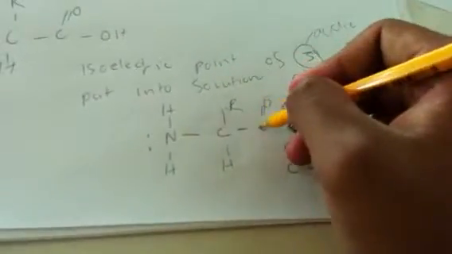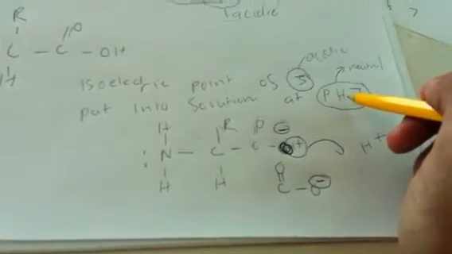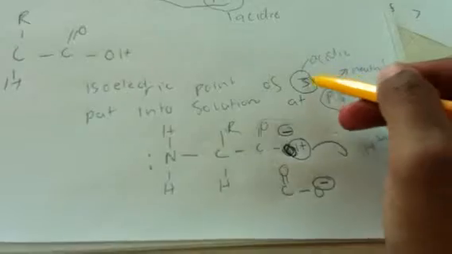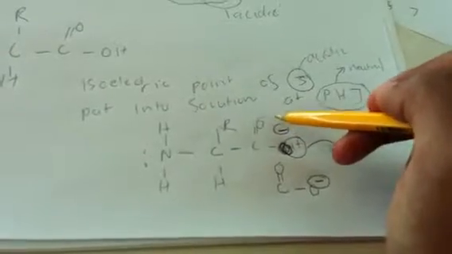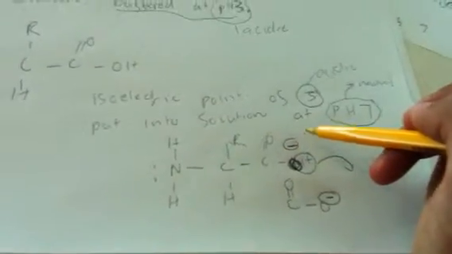Therefore, the amino acid will have an overall negative charge, because the solution has a pH that's higher, so it wants to lower it. In order to lower the pH, it must become an acid, and therefore the amino acid gains a negative charge.